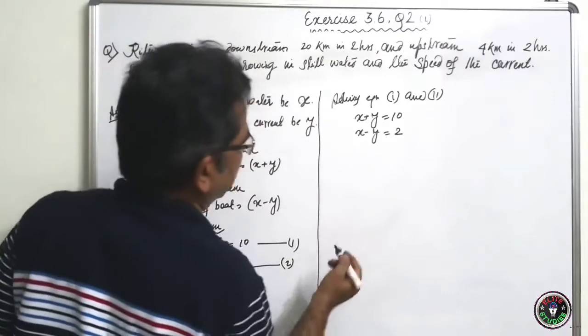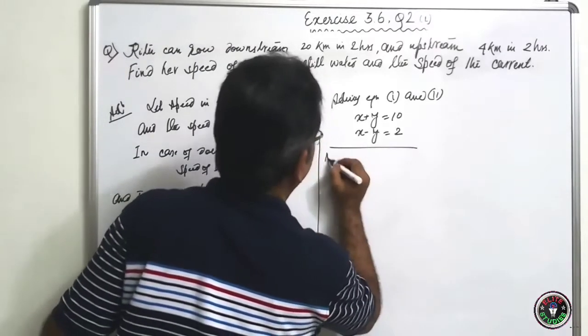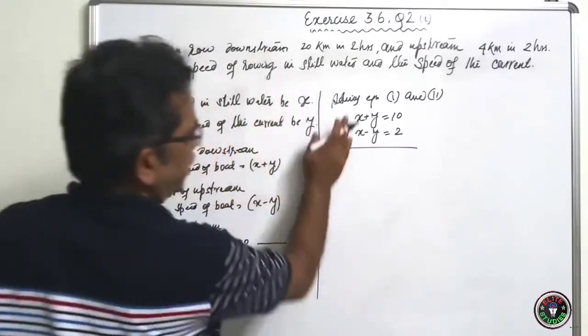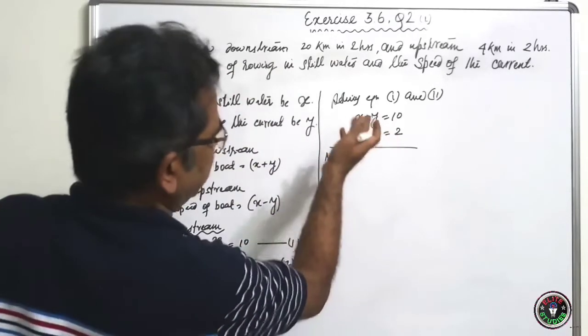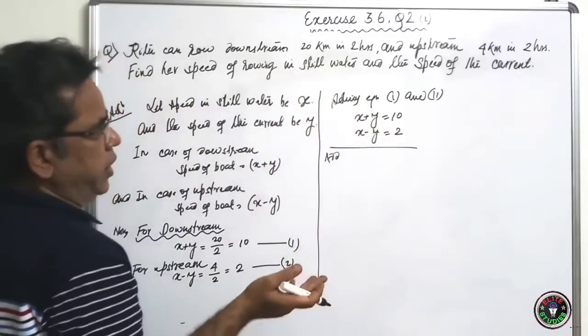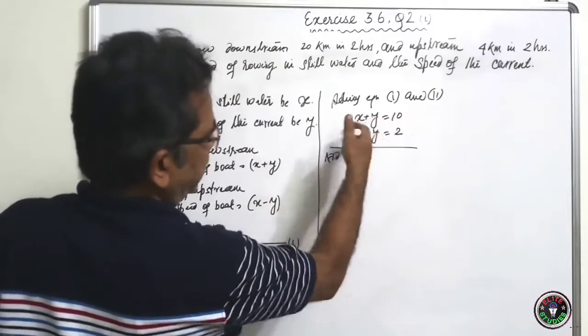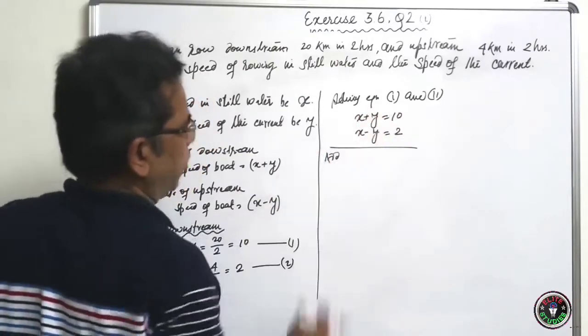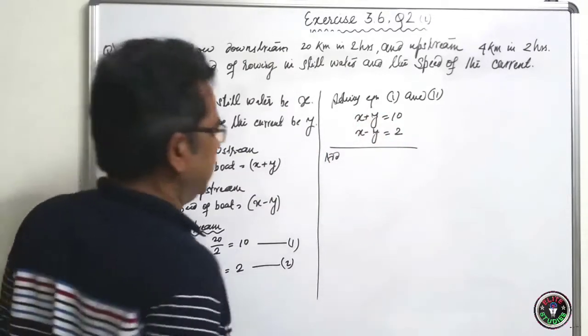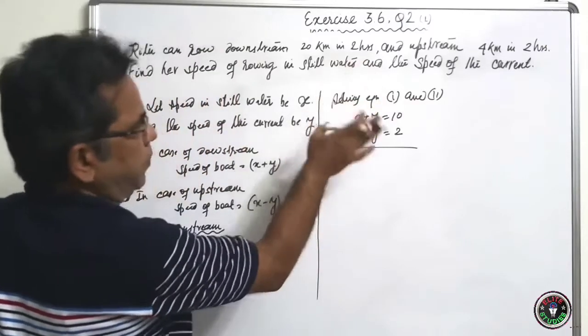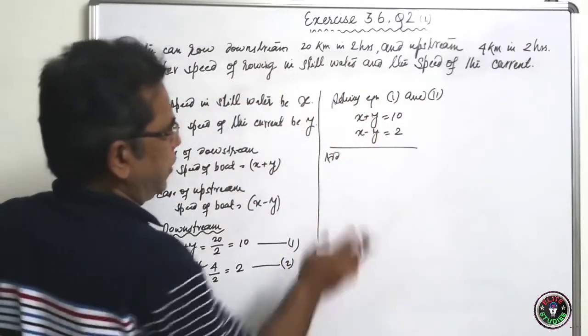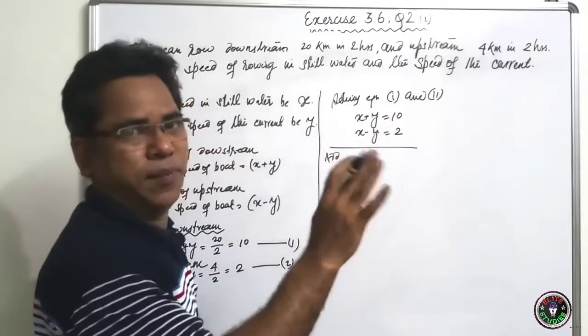So how to solve it? Just simply add. These equations are already in linear form, I don't know why this question is given in this chapter, so no need to convert. But you can get the concept of upstream and downstream. These are very general questions, and they are generally asked in the exams.